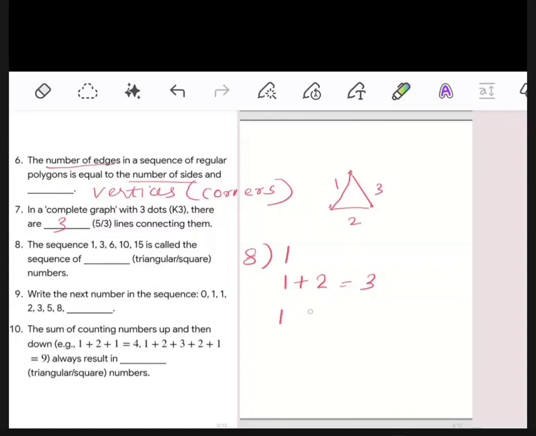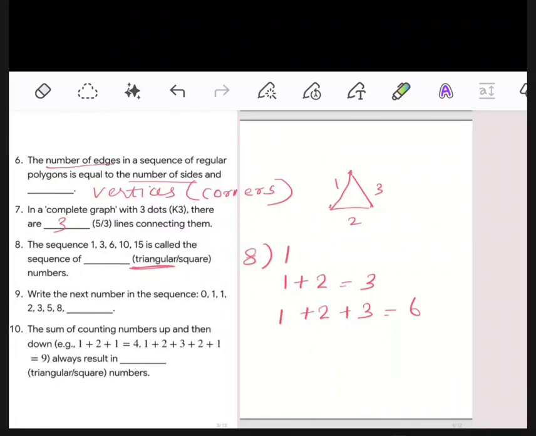Next, counting numbers 1 plus 2 plus 3, that is 6. They are forming a series of sequence called triangular numbers. So these numbers are representing triangular set of numbers, not square numbers.